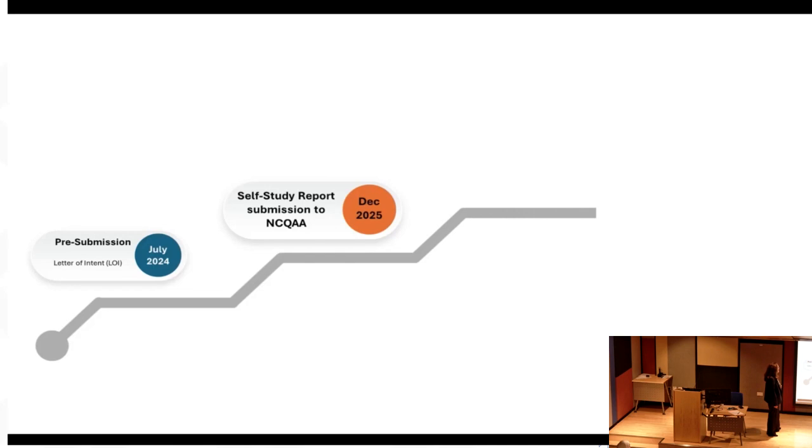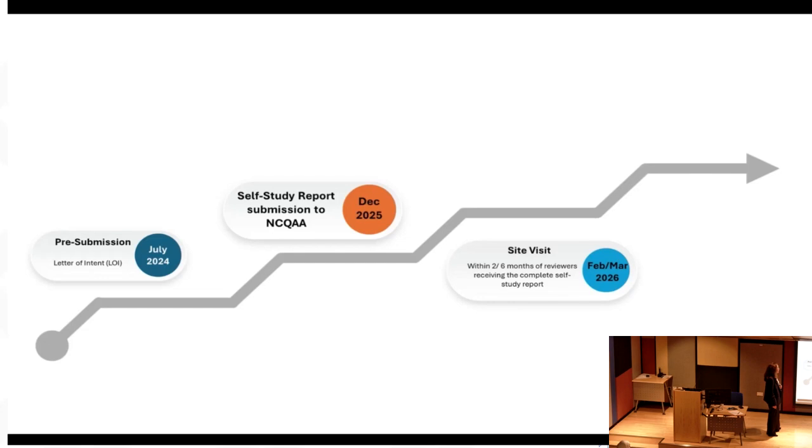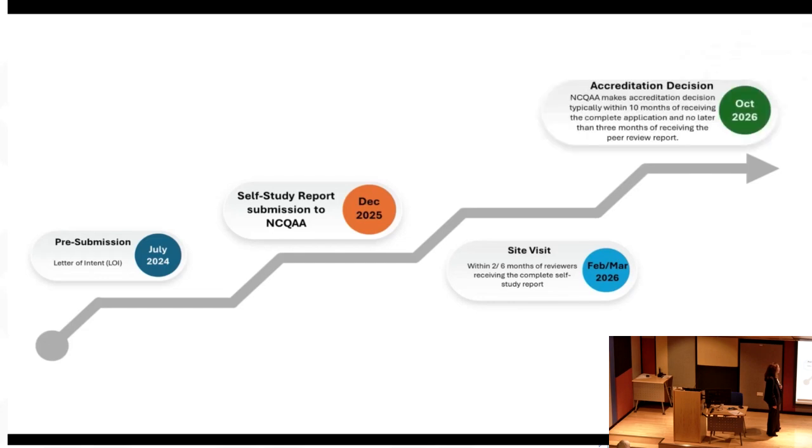Within 2 to 6 months after the NCQAA reviewers receive the complete ISSR, UDST anticipates the peer review site visit to take place in February or March 2026. The NCQAA accreditation decision is expected by October 2026, typically within 10 months of receiving the complete application, and no later than 3 months after the peer review report.